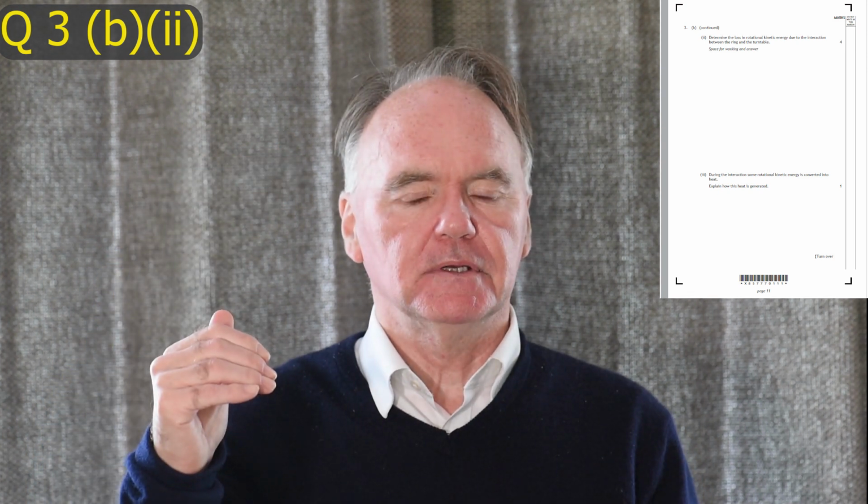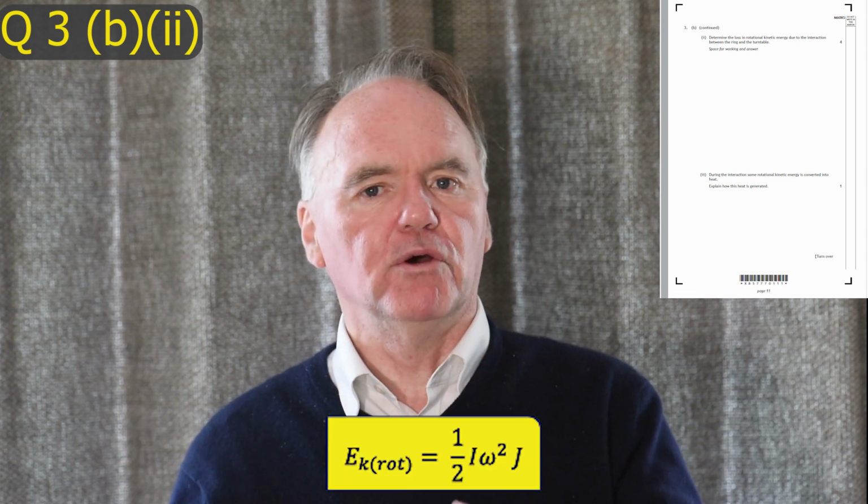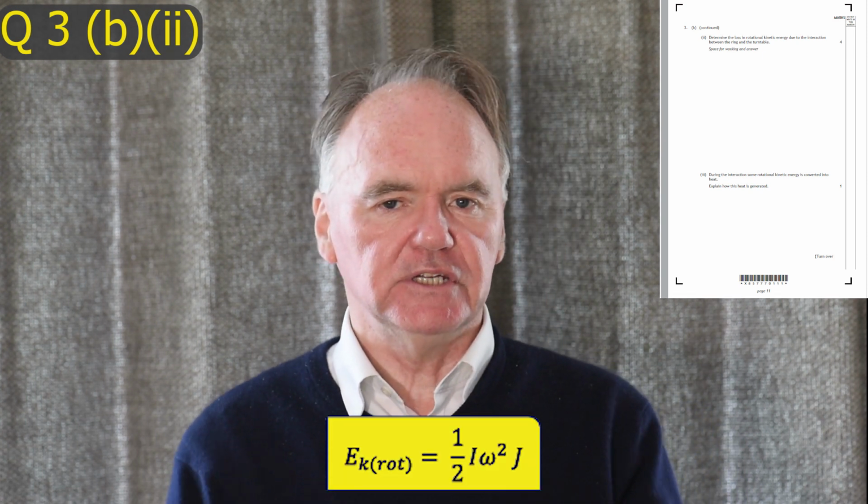Question 3b, part 2. We're asked to find out the loss in rotational kinetic energy. Given the angular velocity has gone down from 12 to 11, work out the loss in rotational kinetic energy of the system. Well, that's a straightforward question. All you have to do is find the formula for rotational kinetic energy, and that's given.